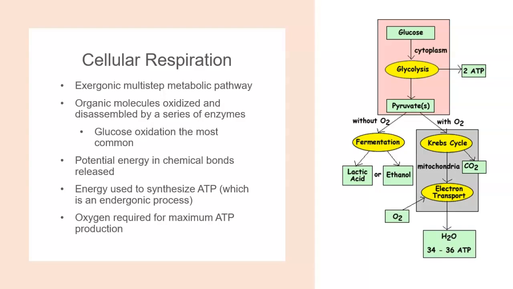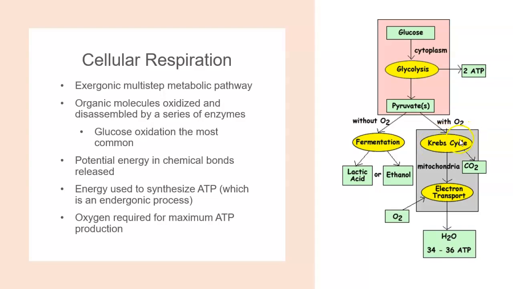So let's review that again. The first step is glycolysis. It happens in the cytoplasm. We make a little bit of ATP. Then if there's plenty of oxygen present, we have transition of pyruvate to something else we haven't named yet, that then enters the Krebs cycle inside the mitochondria that's in the cell.